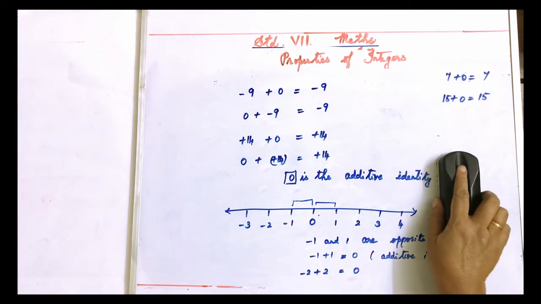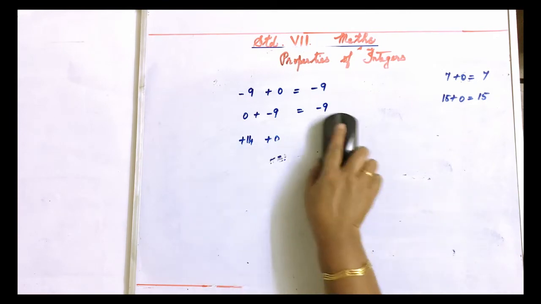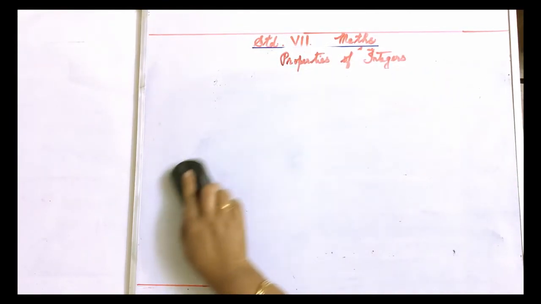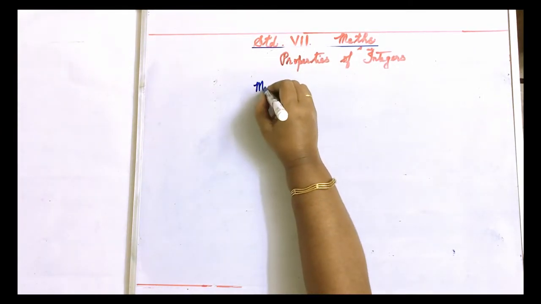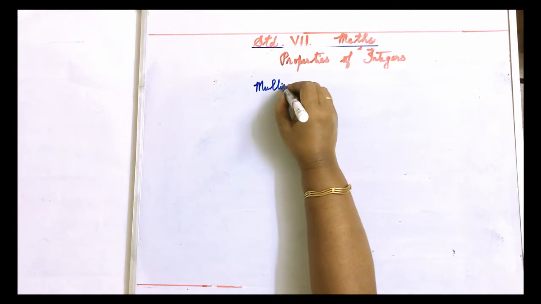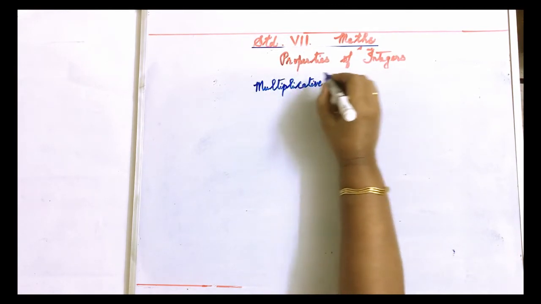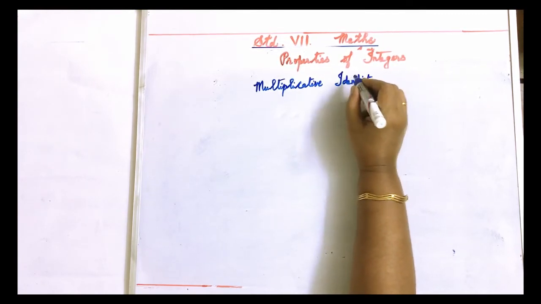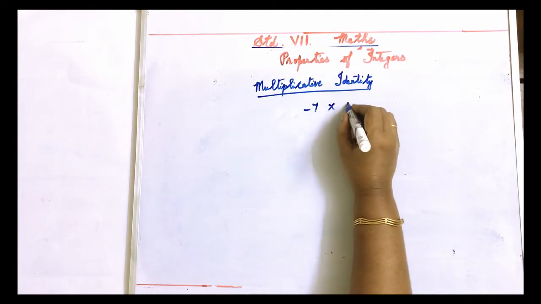Next we shall see multiplicative identity. If any number is multiplied by 1, we get the same integer.